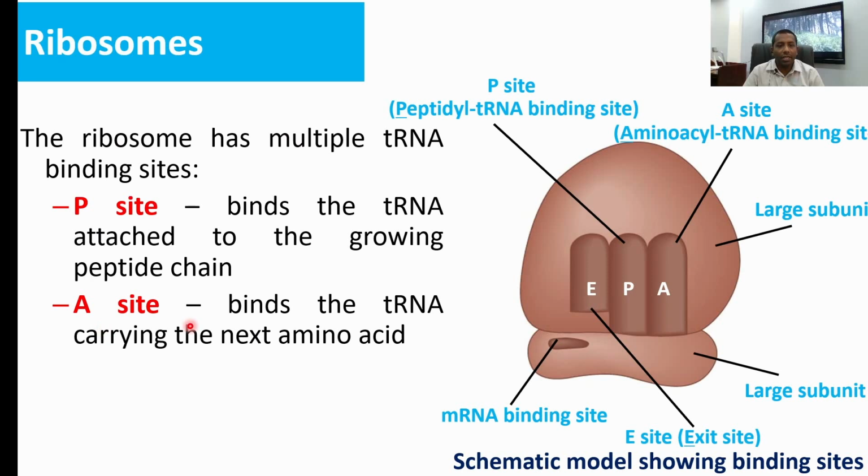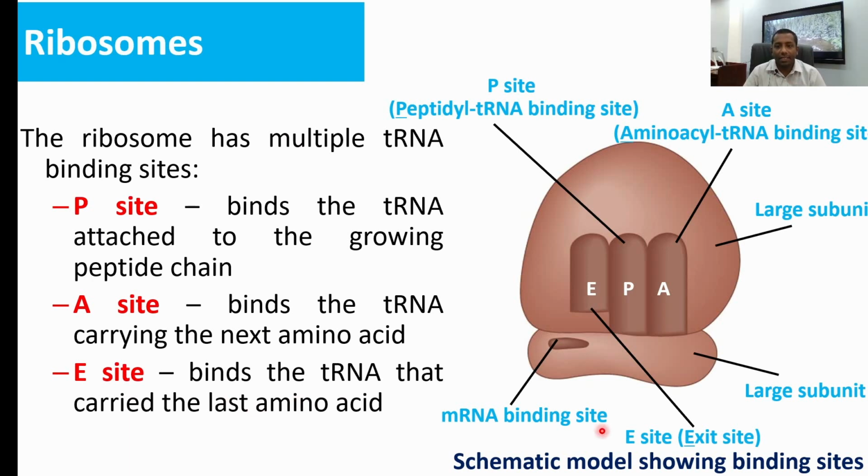Then we have the A site. It binds the tRNA carrying the next amino acid, which is going to be attached to the polypeptide chain, so we call this the aminoacyl tRNA binding site. Then finally we have the E site, or the exit site, which binds the tRNA that carried the last amino acid.